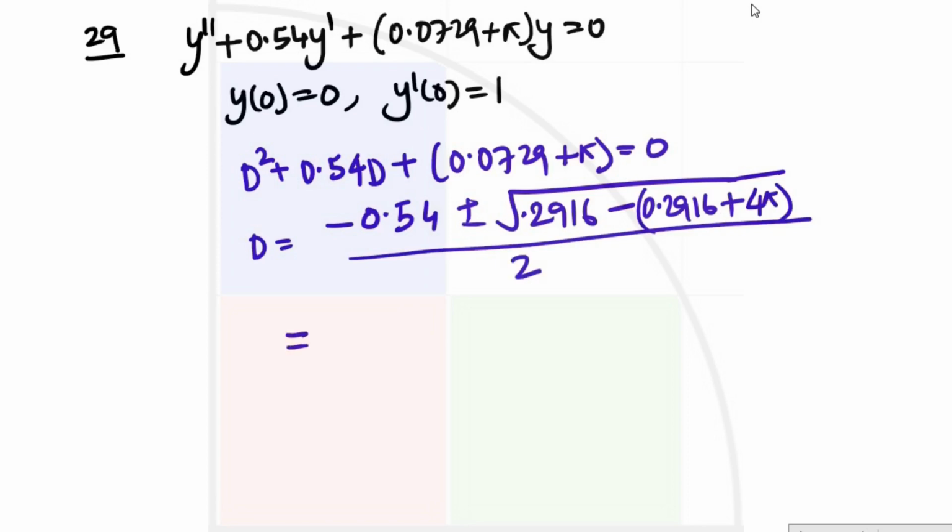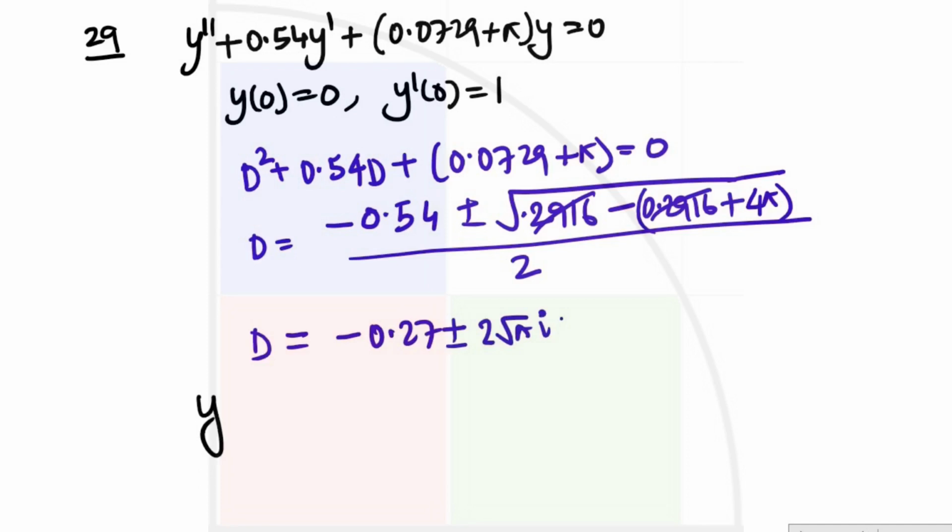Once we do this, this will be cancelled, and this will be minus 4 pi actually. So we get here minus 0.27 plus minus 2 square root of pi i.